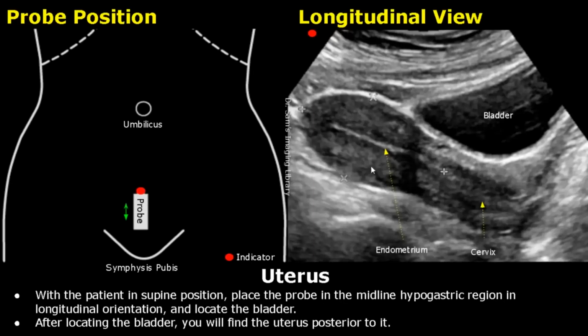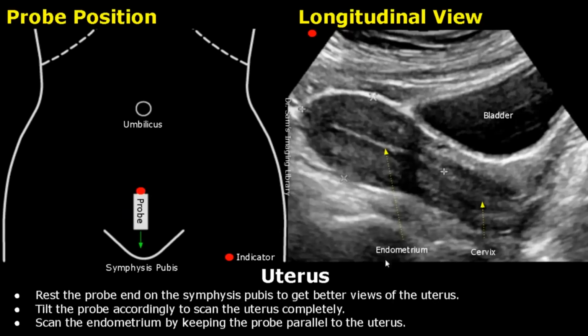The patient's bladder must be full for transabdominal scanning. After locating the bladder, you will find the uterus posterior to it. Here is the endometrium and this is the cervix. You can also rest one end of the probe on the symphysis pubis to get better views of the uterus.